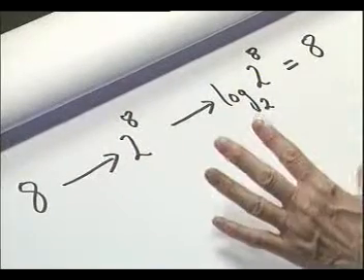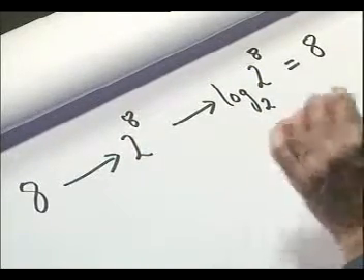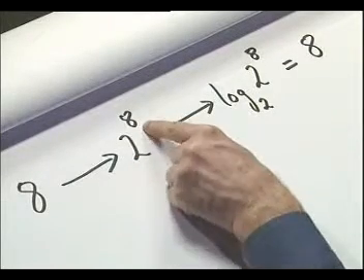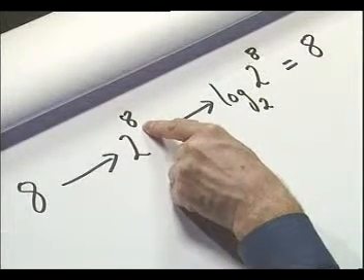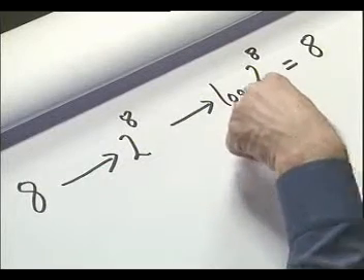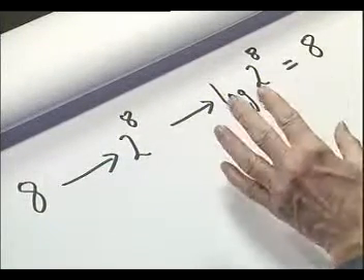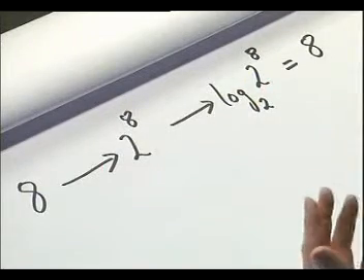Now when that happens, what we're saying is we have got inverse operations. What this operation does, raising the base to the given power, is undone by what this operation does. Does it work the other way around?